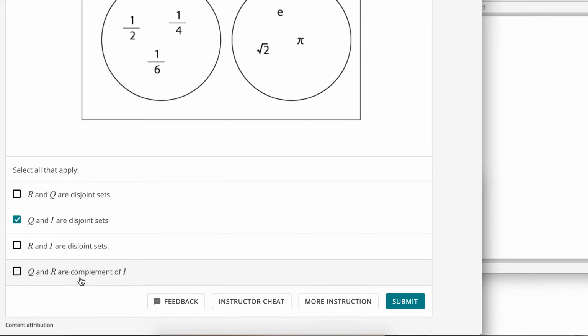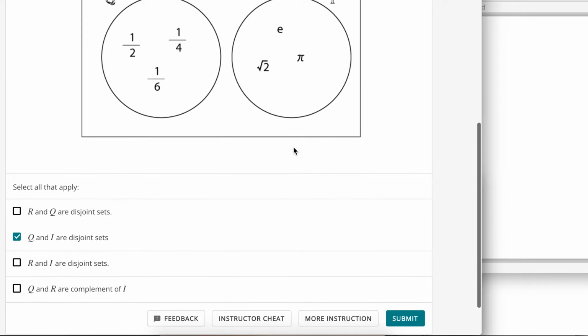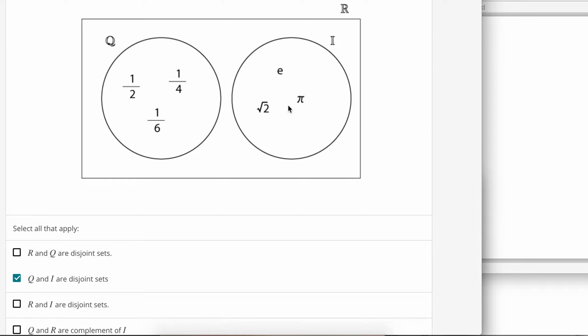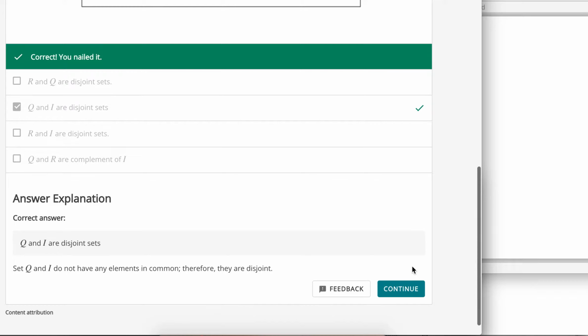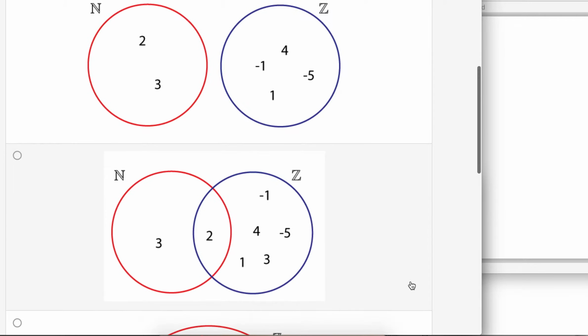Okay, but I don't think we can check this one because it's saying all rational numbers, and rational numbers include irrational numbers. If you say rational numbers is a complement, you haven't said something true because it encompasses this circle. So I think we got the only thing. Okay, just one statement is true there. So you guys can handle that one.